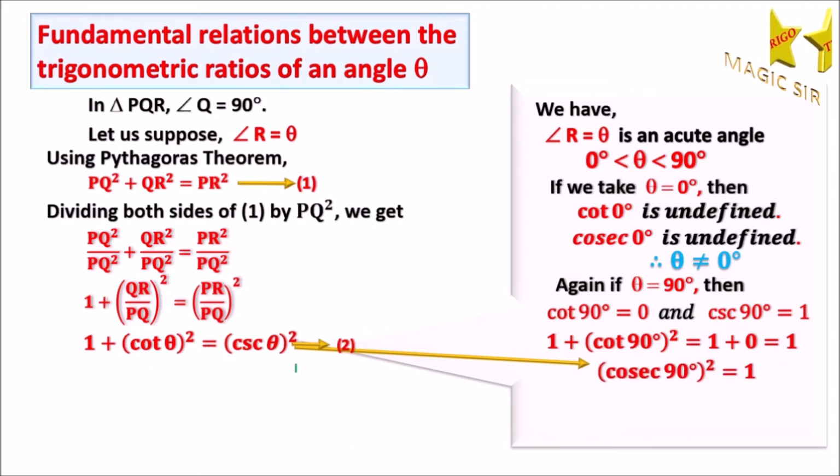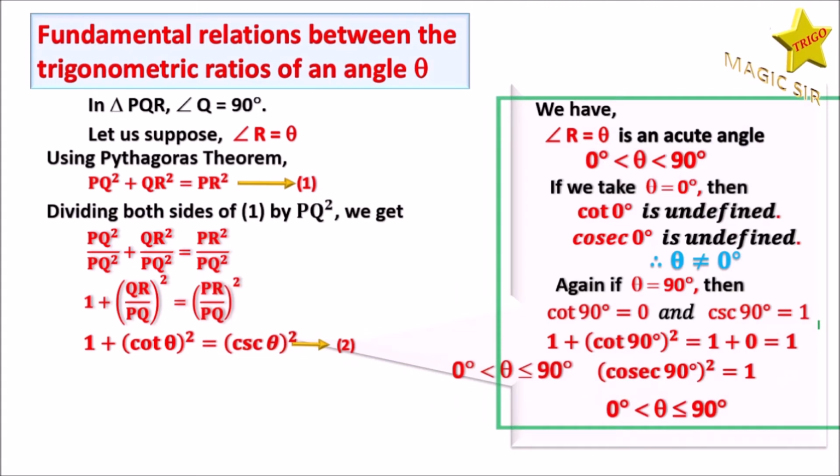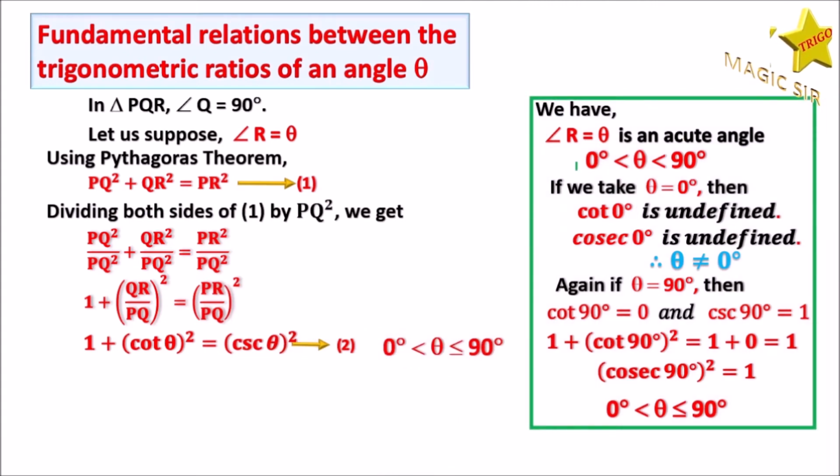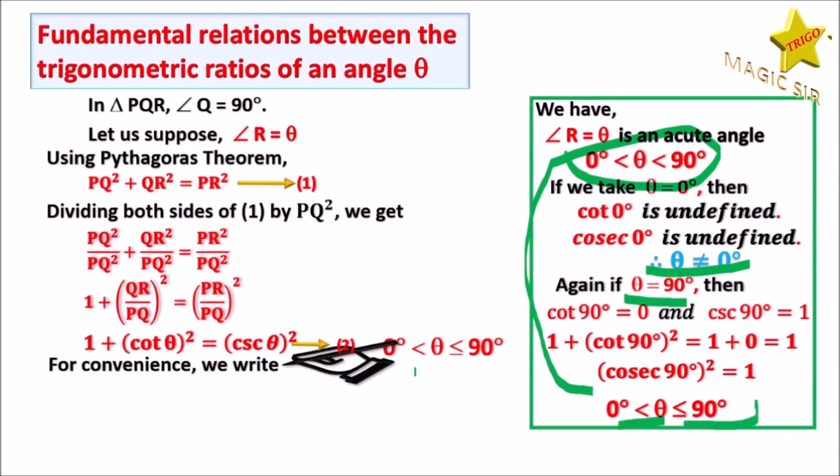And the right hand side of equation 2 is cosec 90 degrees whole square, which is equal to 1 because cosec 90 degrees is equal to 1. Hence we have shown that the identity holds at 90 degrees. So we write 0 degrees is less than theta, but theta is equal to 90 degrees is allowed, so we write theta is less than or equal to 90 degrees.